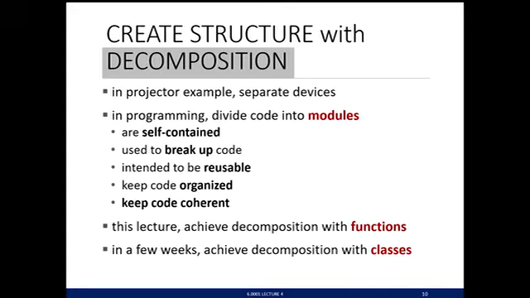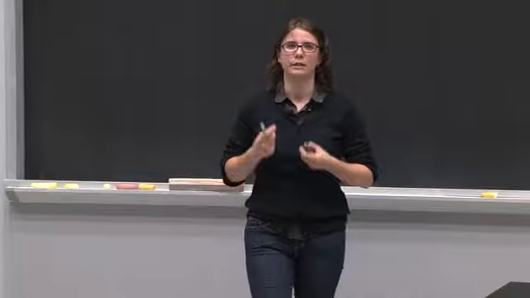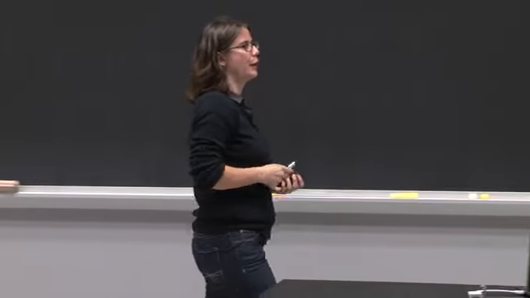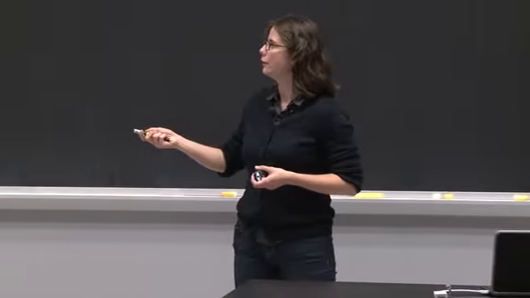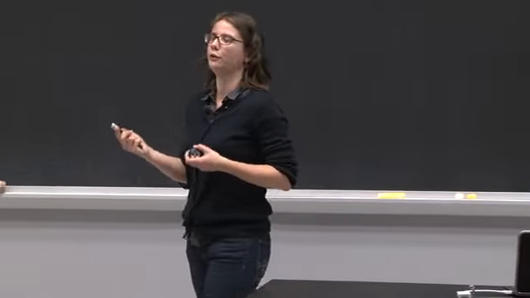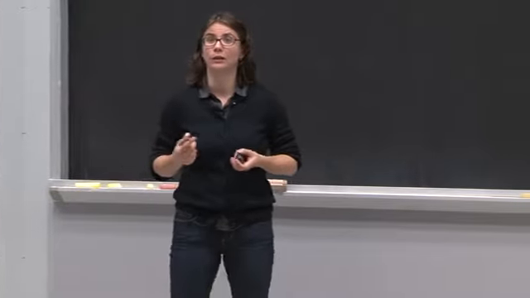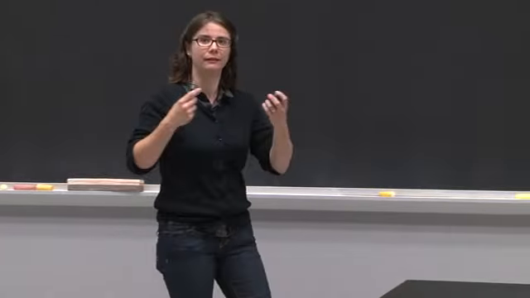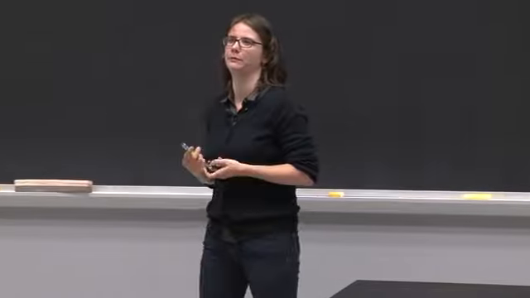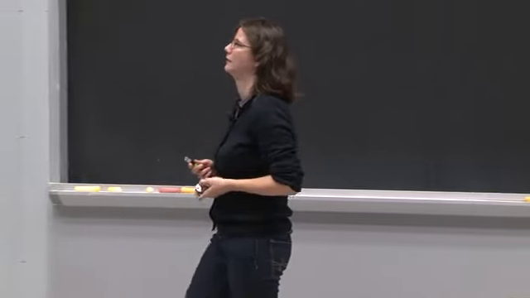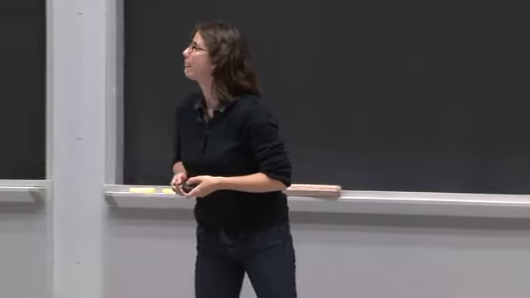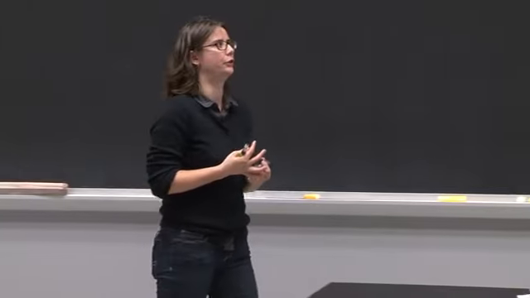So functions are going to be used to achieve decomposition and to create structure in our code. We're going to see functions today in this lecture, and in a few weeks, you're going to actually see, when we talk about object-oriented programming, how you can achieve decomposition with classes. And with classes, you can create your own object types, like ints and floats. You can create your own object types for whatever you want. But that's later.